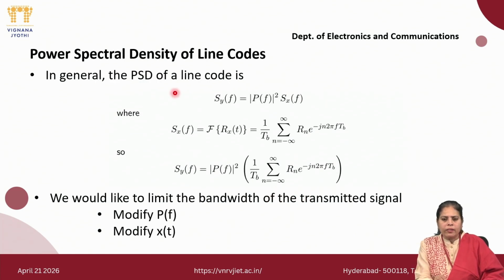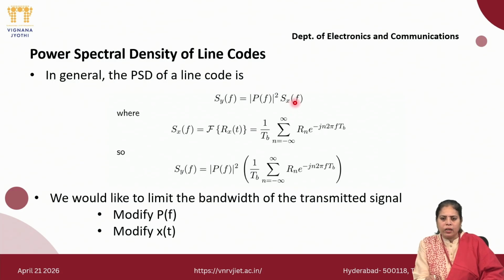Now, let us try to represent the general form of this power spectral density function. As we have already said, the output power spectral density function is a product of the magnitude squared function of the pulse Fourier transform P of f and the power spectral density function of the input signal.